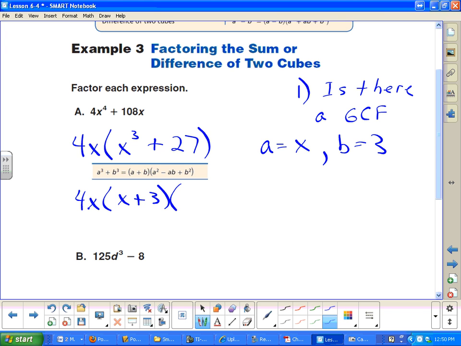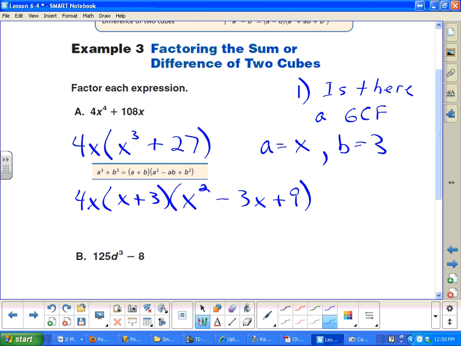Then we have a squared, so x squared, minus a times b, so we're going to multiply them together. What's x times 3? 3x. And then plus b squared, so 3 squared is 9.